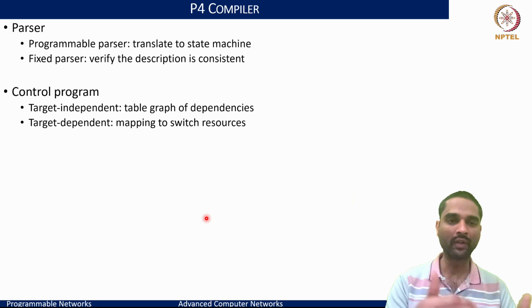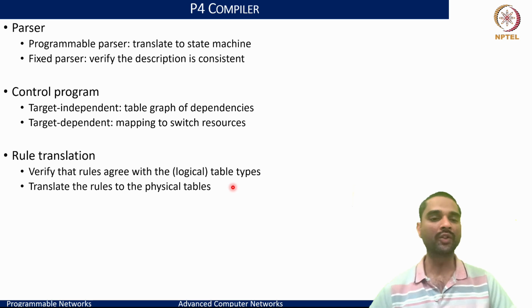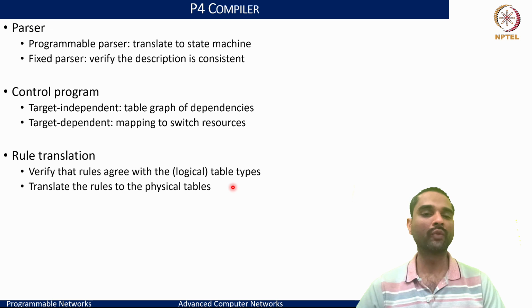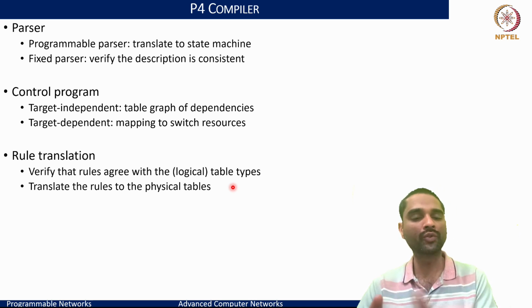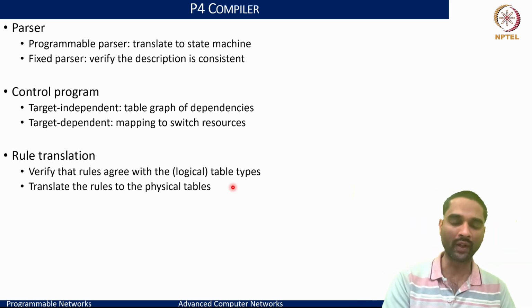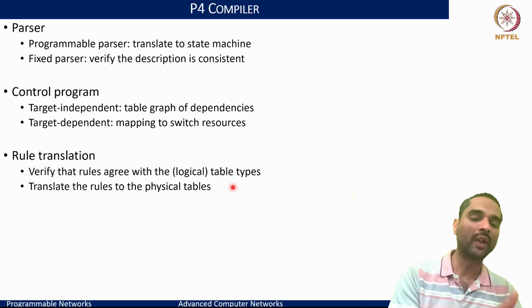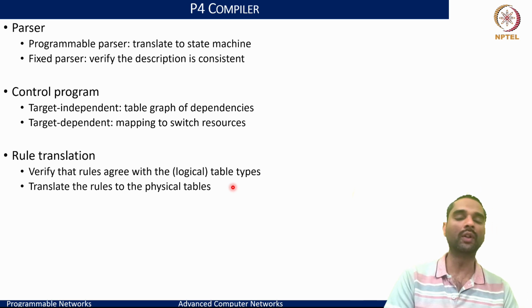So that's where the target independence and target dependence aspects come in. And the last part is the rule translation, which sets up what are the rules that we want to verify, agree with the logical tables, and translate those rules into the physical tables and entries correspondingly. And like I said, a physical table can be mapped to multiple logical tables, or multiple physical tables can be mapped to a single logical table.